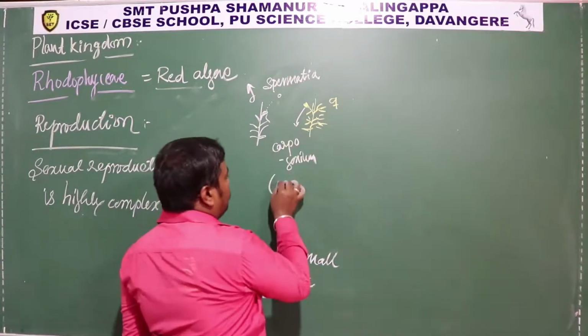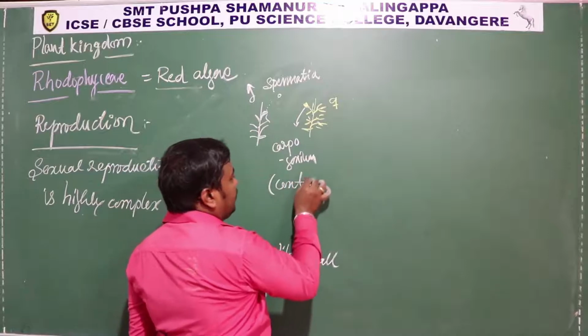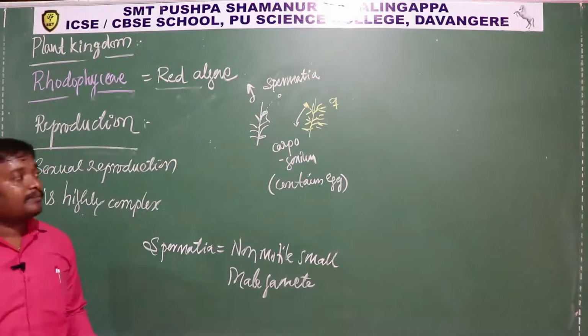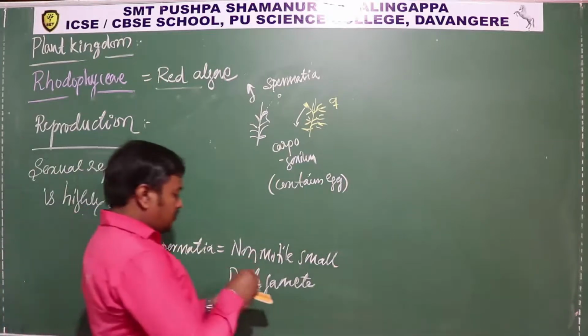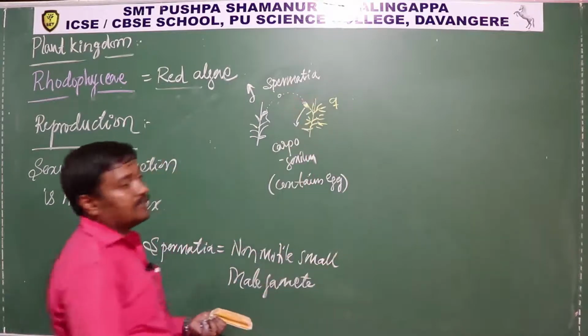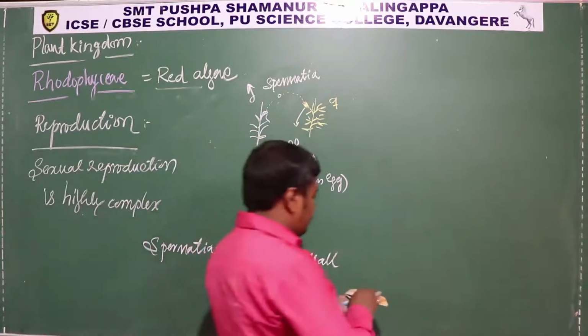Inside the carpogonium there is an egg. They are fused together in this way.